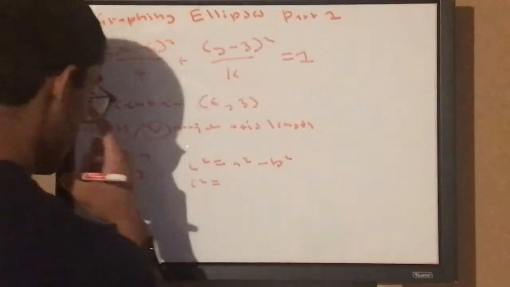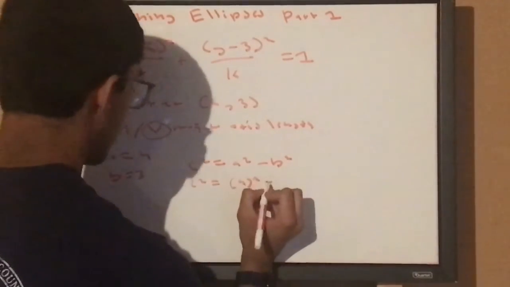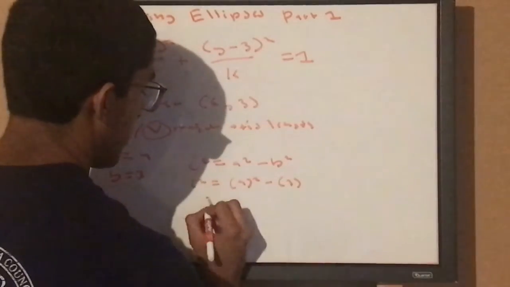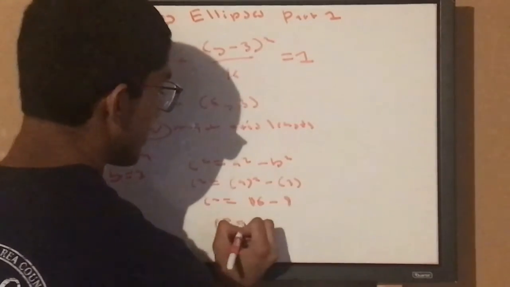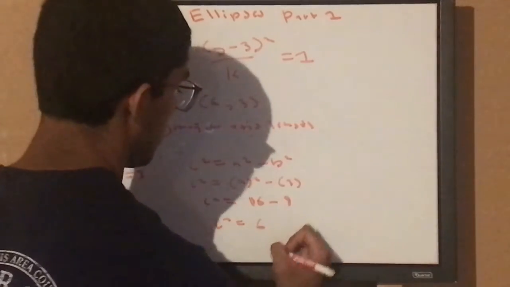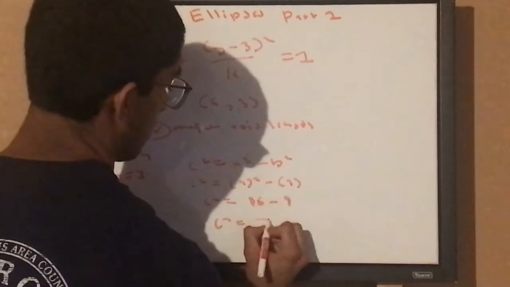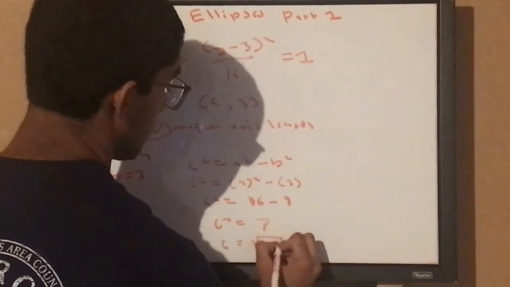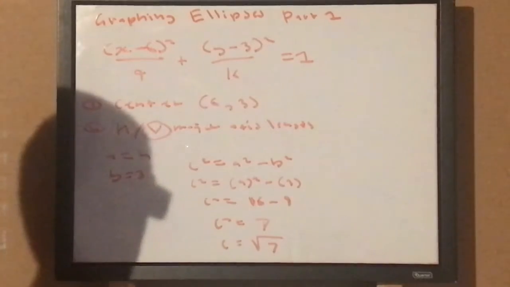C squared is equal to A squared minus B squared, 4 squared minus 3 squared, C squared is equal to 16 minus 9, C squared is equal to 7, so C is equal to root 7, which is going to be our foci.